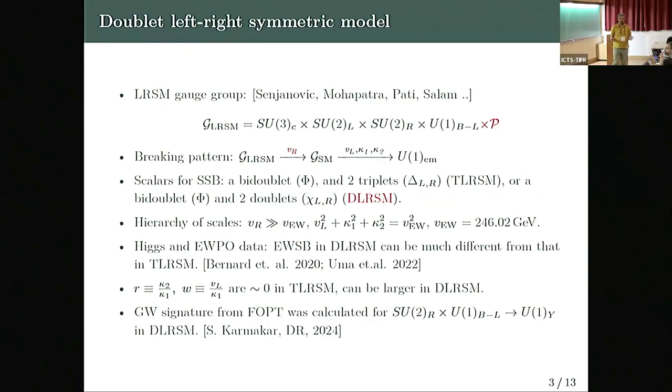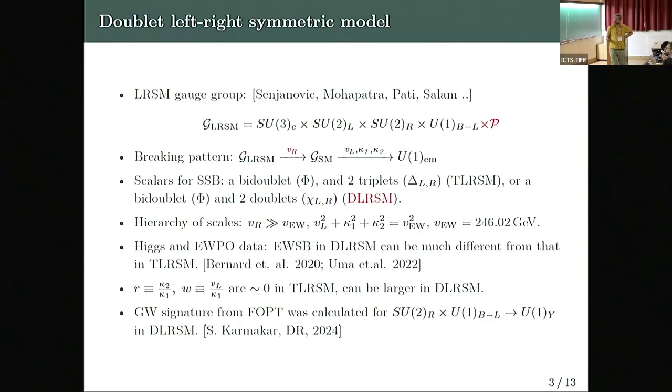One of the most widely studied is the triplet LRSM, where there is a bidoublet and two triplets. But you could also have a bidoublet and two doublets. This is the DLRSM, and I am going to focus on this one. As I said, there is a hierarchy of scales, and these three scales follow this relation.